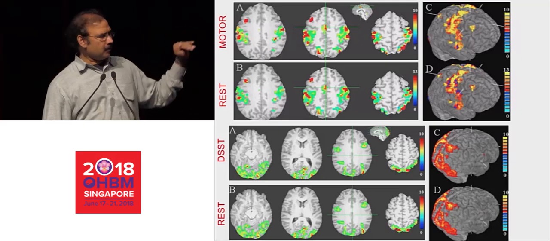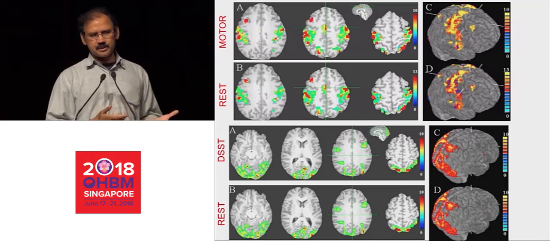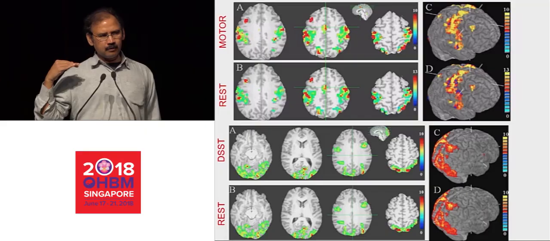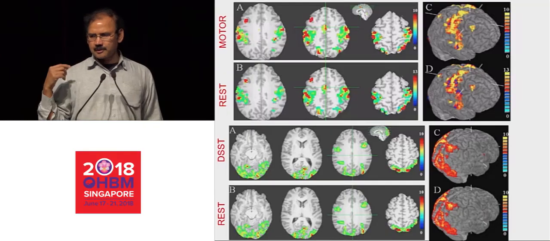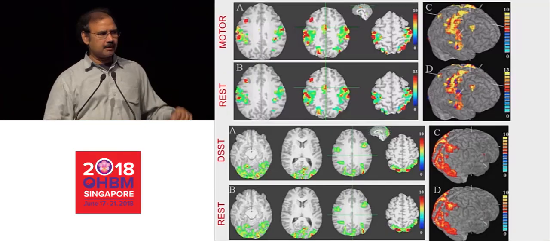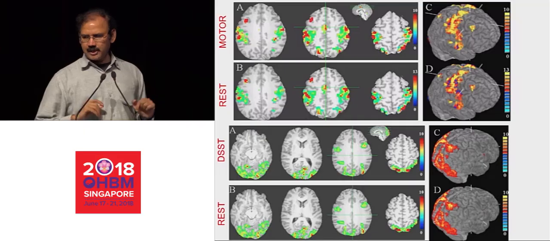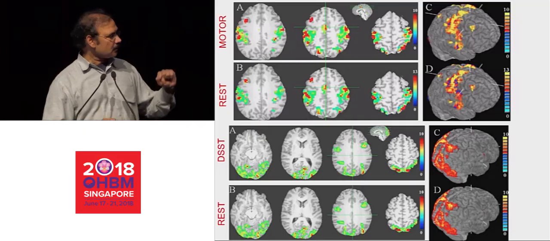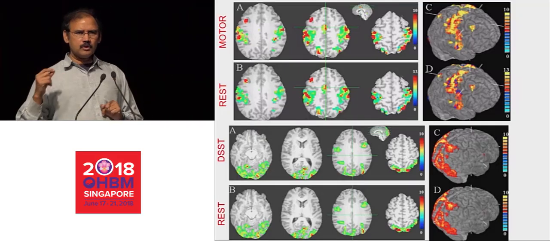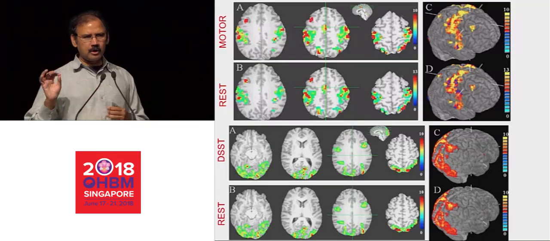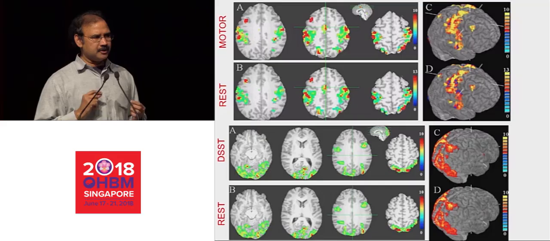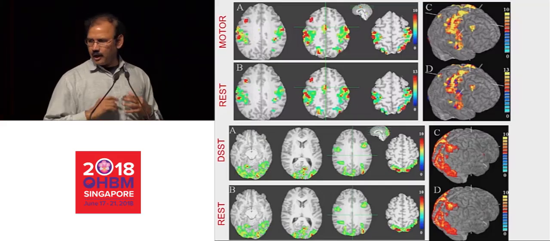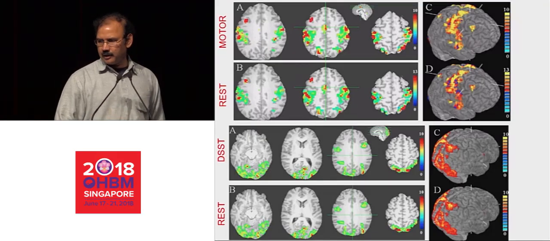The third row is a DSST task, which is a cognitive task, and the fourth row is the resting state amplitude for the DSST task. And what can be seen is that typically in the voxels which have large changes during task, those voxels typically, not 100% correspondence, but typically also have large changes, suggesting a good correlation between the two.